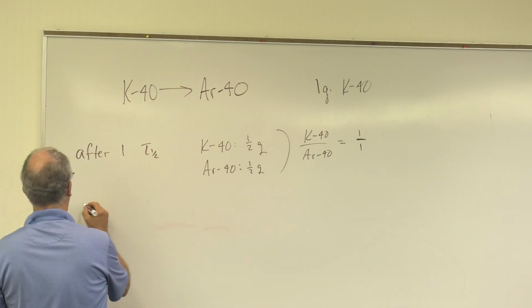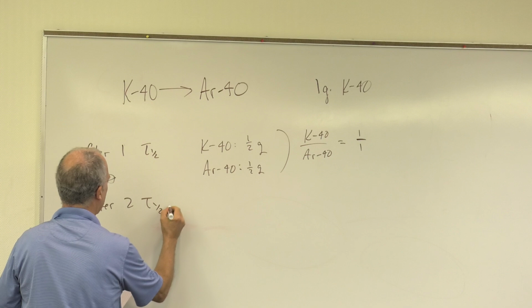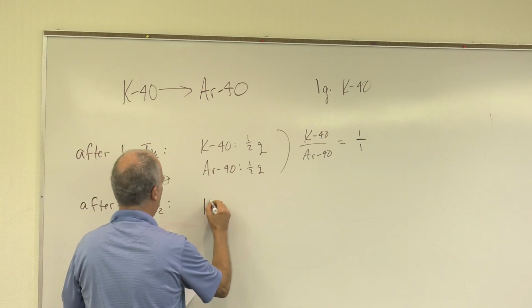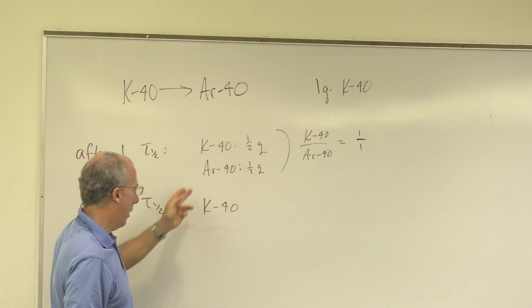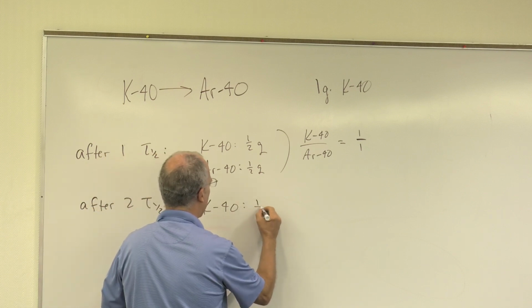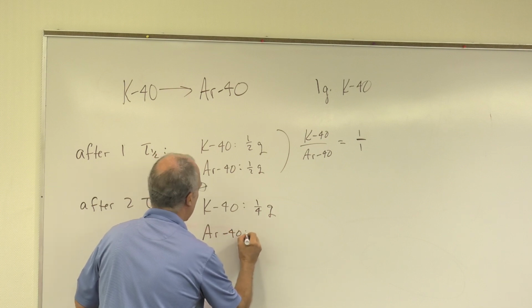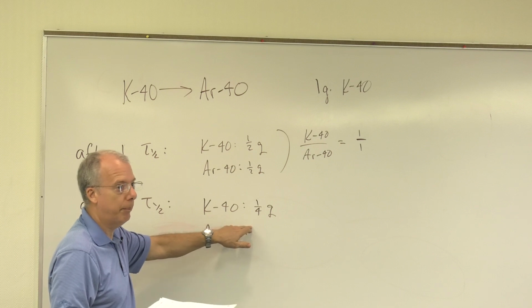All right. How about after 2 half-lives? Okay. How much K40 are you going to have now? Well, here we had a half. We have another half, so a half of a half is a fourth. So we have a fourth of a gram. Okay, argon-40. We had a half, but now we have another fourth, right?